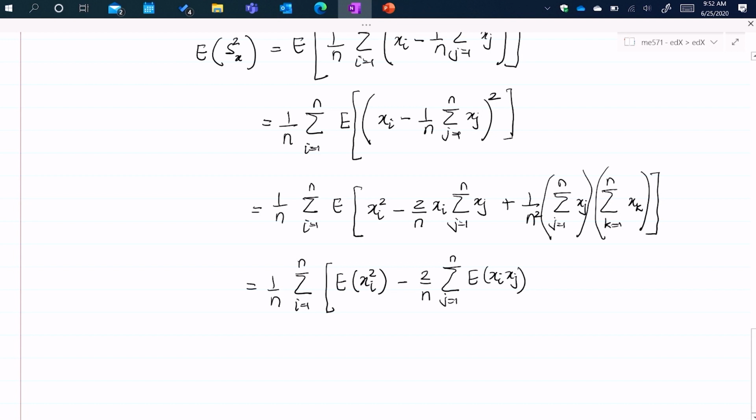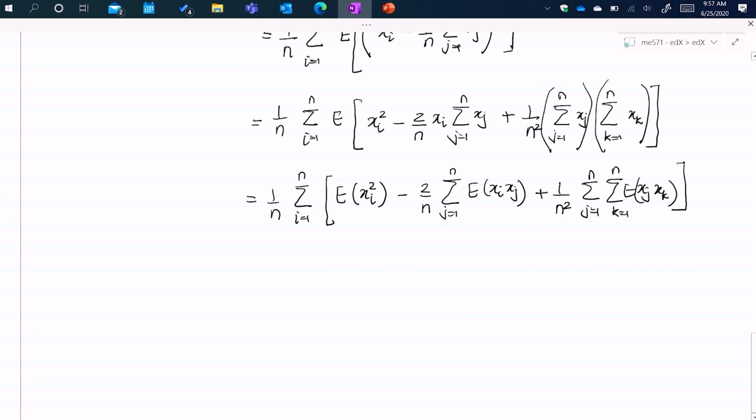I'm using properties of expected value to write this expression, plus 1 over n squared summation over j from 1 to n, summation over k, expected value of xj xk.